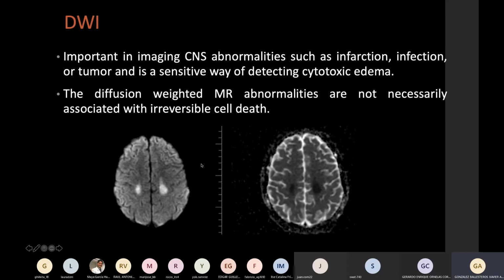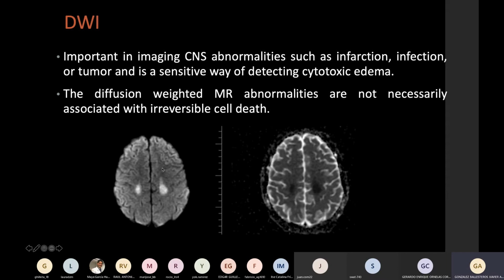The diffusion abnormalities are usually indicative of irreversible cytotoxic injury. However, in this condition, the diffusion MRI abnormalities are not necessarily associated with irreversible cell death. This was the same patient of the previous slide.